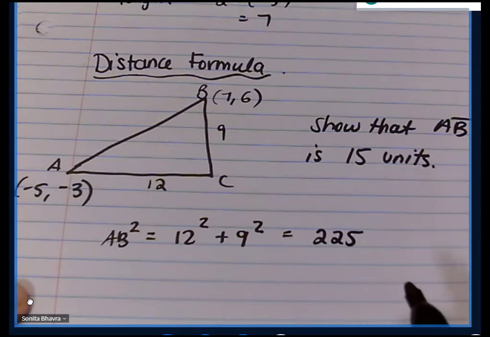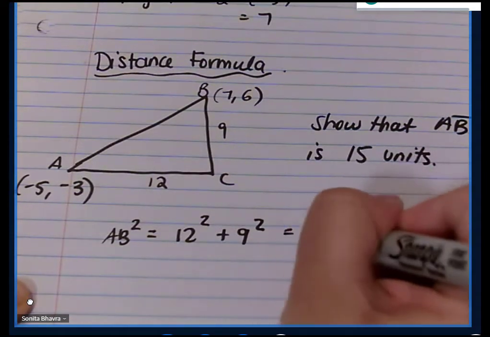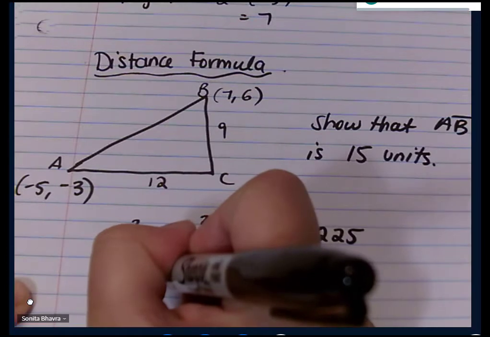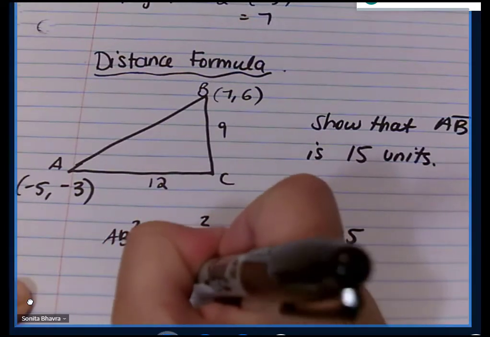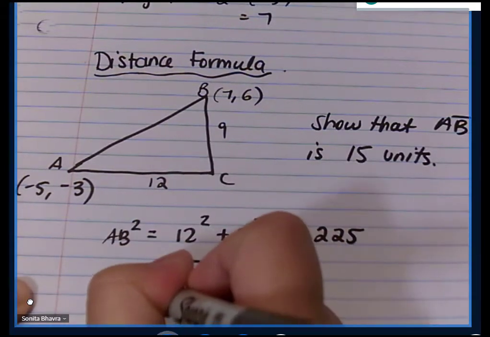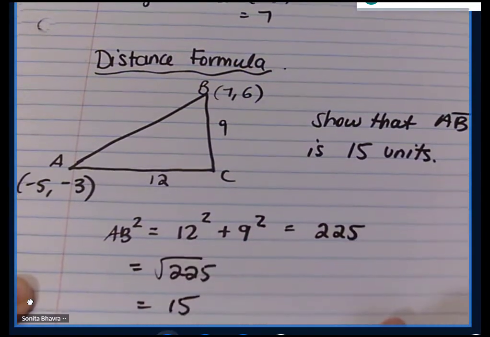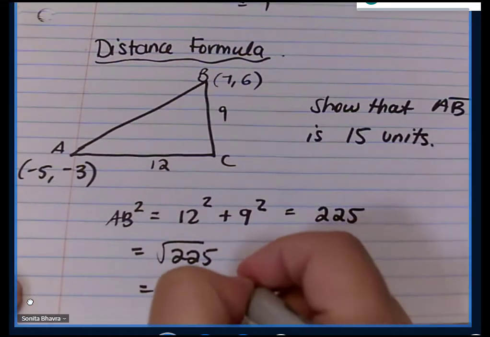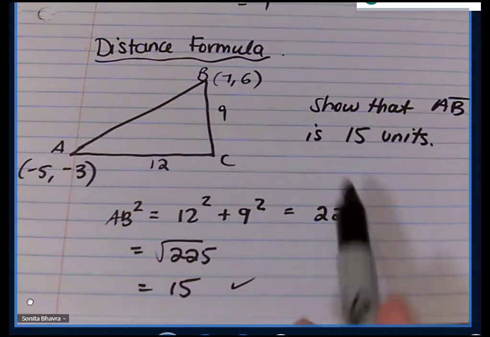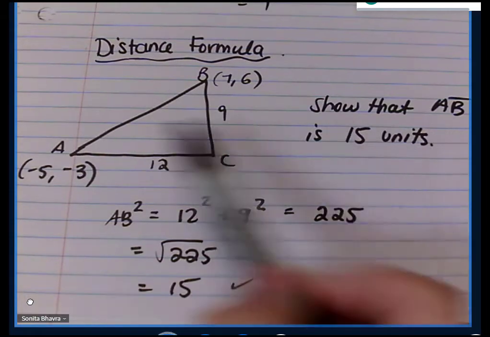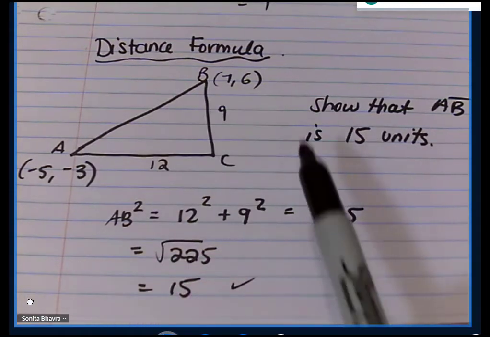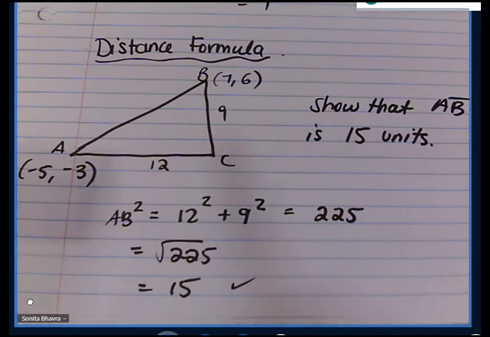Take the square root of 225, and that does equal 15. So we were able to show that AB is 15 units using the lengths of those two sides.